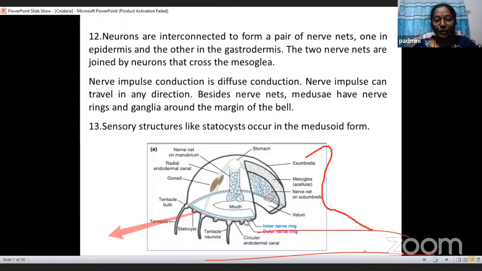Then this is a circular ring formation or endodermal ring. And this is a velum. What do you mean by a velum? Velum is nothing but, if you see in the Christian community during the marriage, they have that veil-like structure coming on top. So that is called the velum. It has not much of work, but is just a velum that is covering them.